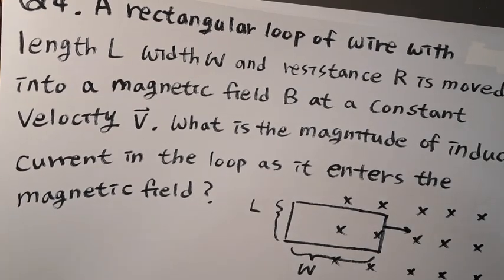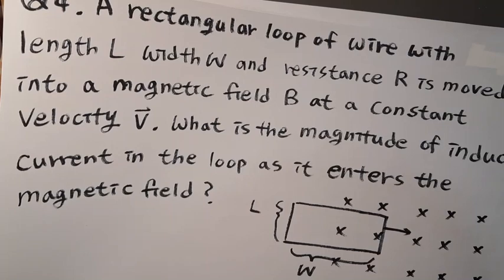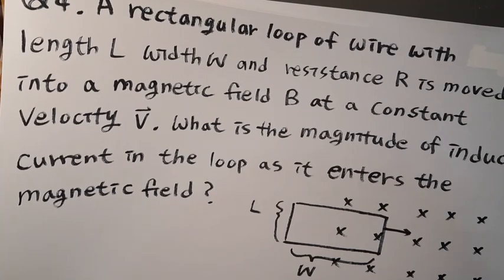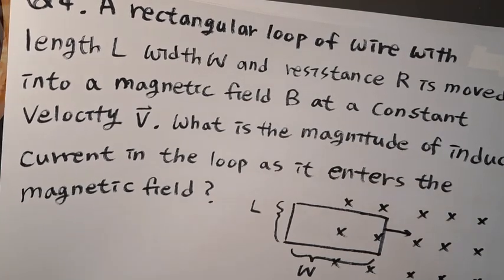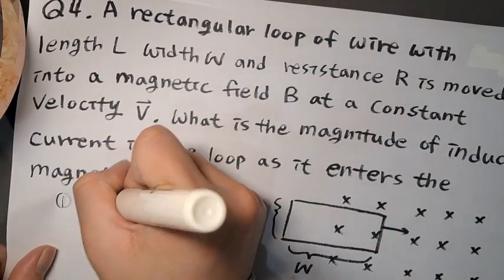The induced EMF is caused by a change in flux. The amount of flux will change as the loop moves with velocity through the magnetic field. So we can apply this equation.